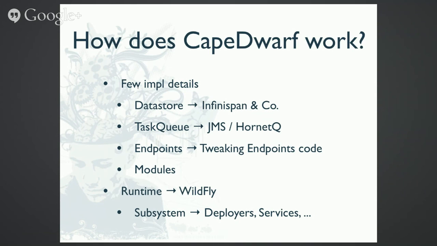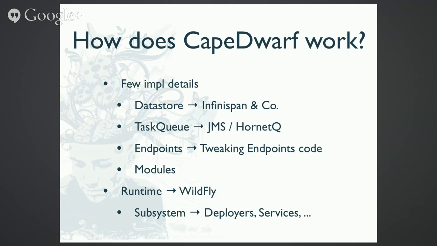Google's endpoints library, when I looked at it, fitted nicely with just a few tweaks. So whatever is supported in real App Engine, we support, because we use the same library with a bit of tweaks. So it runs in CapeDwarf as well.